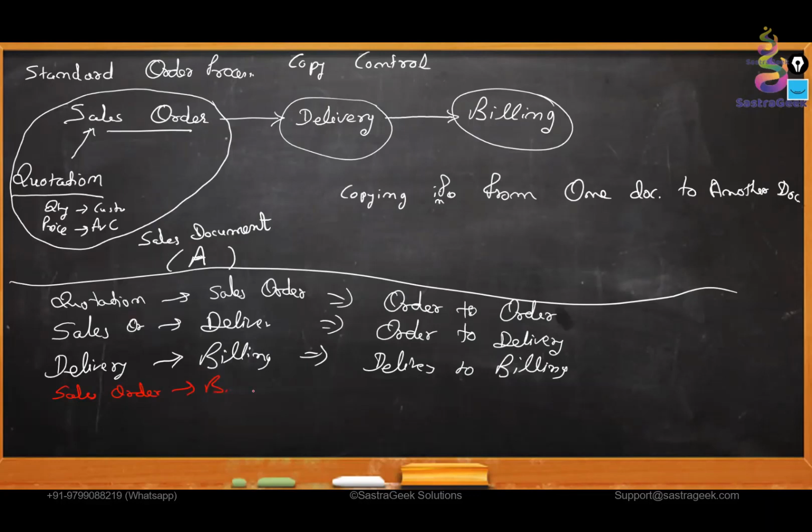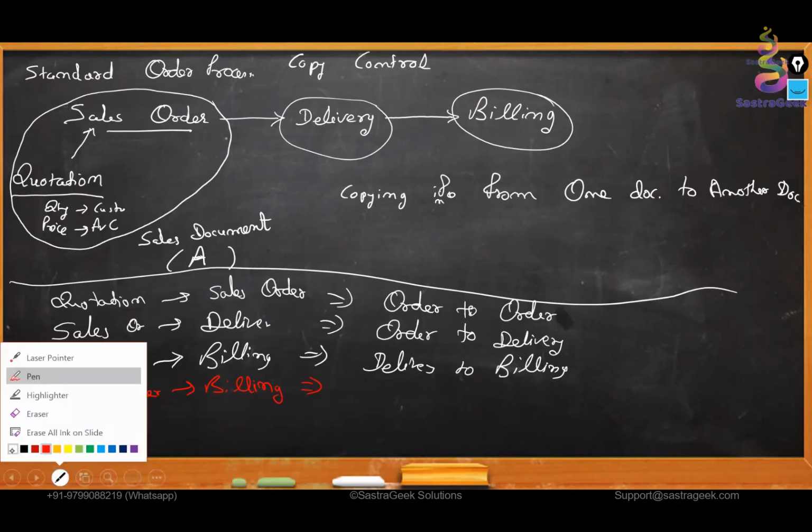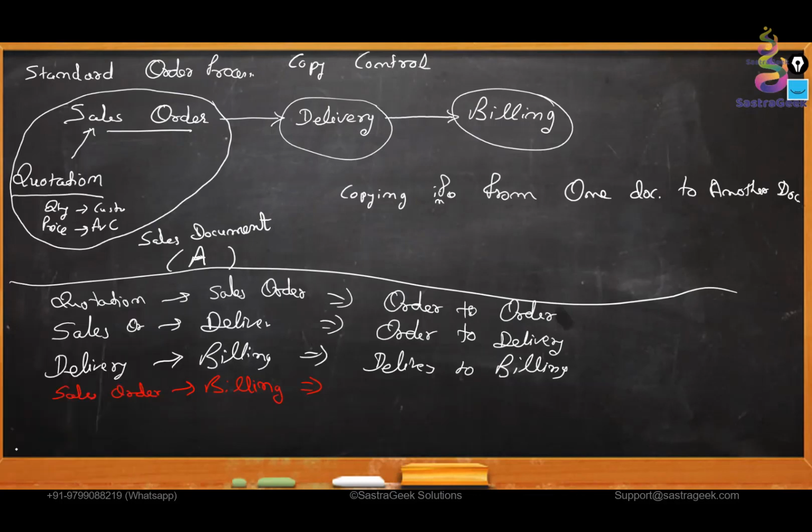Which scenario would you consider for this, where you are creating a billing document with reference to a sales order? Where would you have to create that? In that same third party. Correct. That's true. Third party. And this became your order to billing scenario.